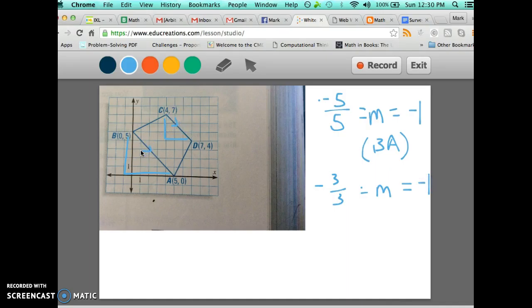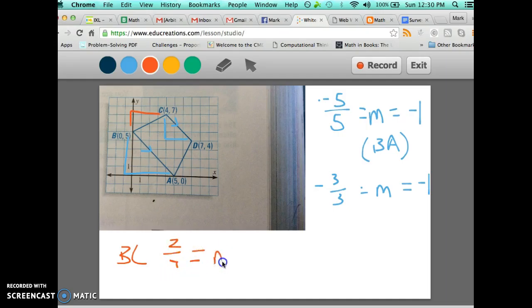All right, but one thing we still have to make sure of, could this be a parallelogram? Could it have two pairs of parallel sides? We have to check these other lines. BC is up 2 over 4, and that reduces to a slope of 1/2. So now AD had better not be up 2 over 4.